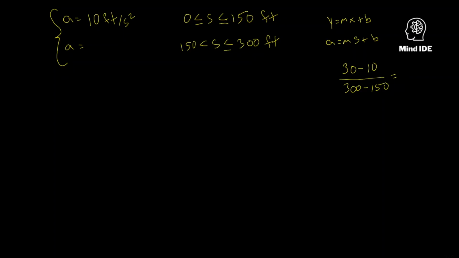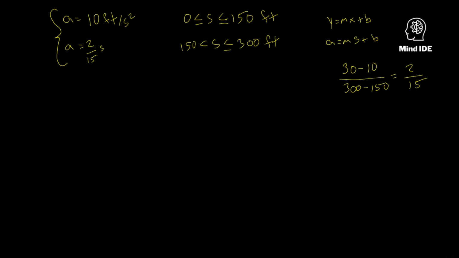If we punch that into our calculator quickly, 30 minus 10 over 300 minus 150, we get 2 over 15. Okay, so 2 over 15 s plus b.